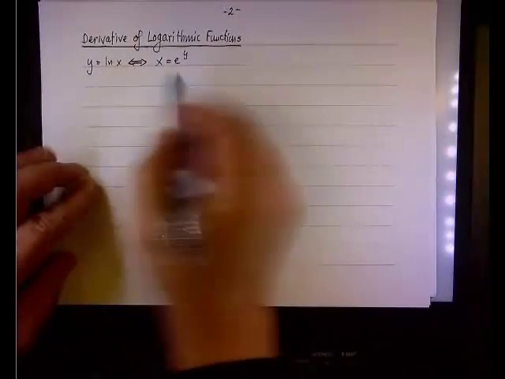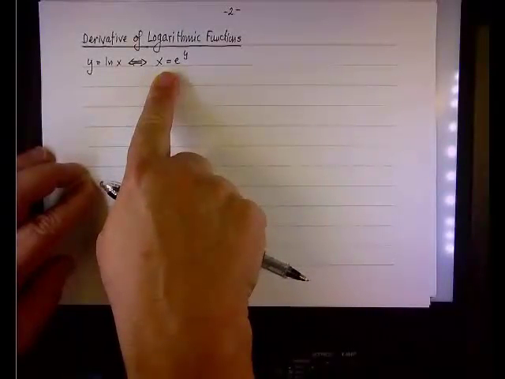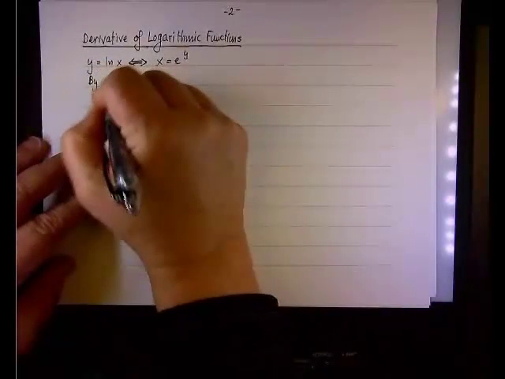Remember what we tried to do: we tried to find the derivative of the natural log of x. So in order to find dy/dx, we take the derivative of both sides by implicit differentiation.